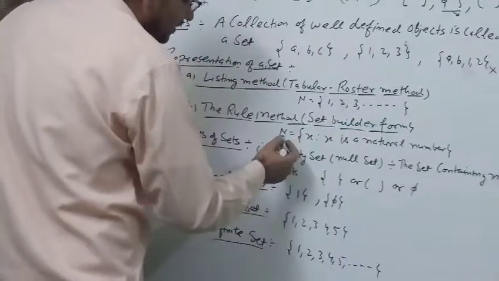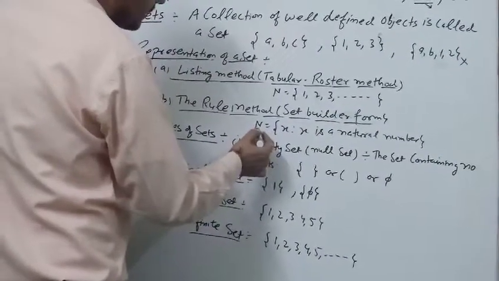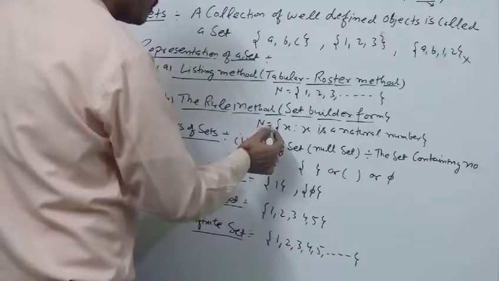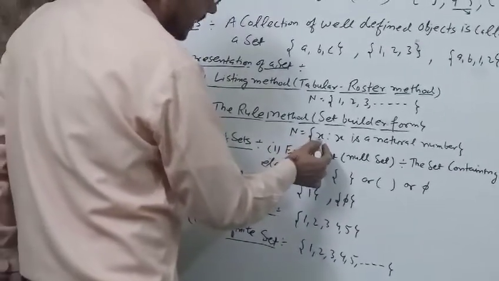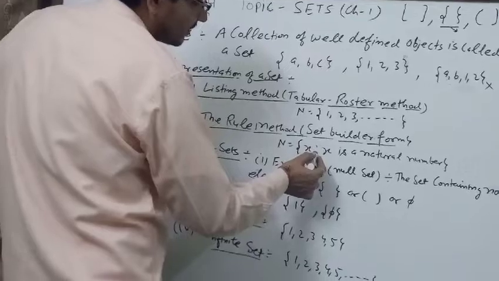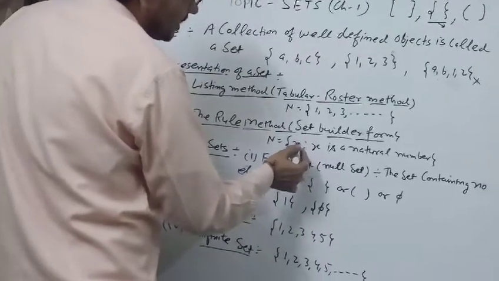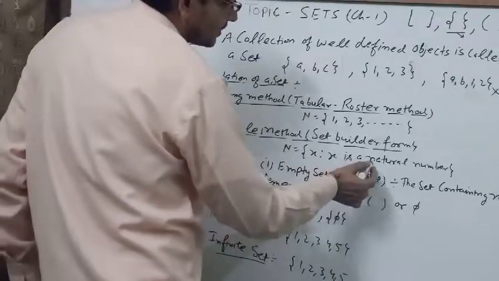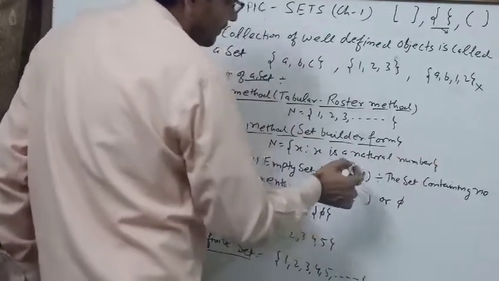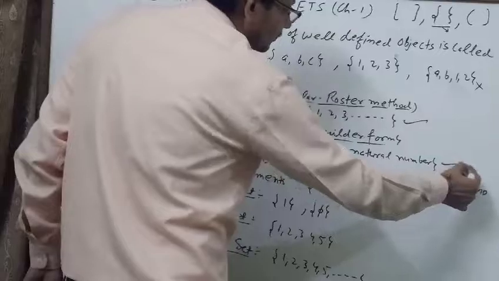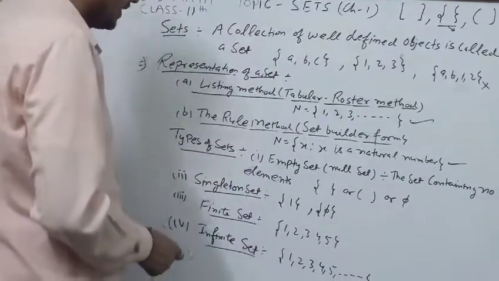N is the set of natural numbers, N equals {x such that x is a natural number}. The colon means such that. Right? So these are the two types of representation of sets.